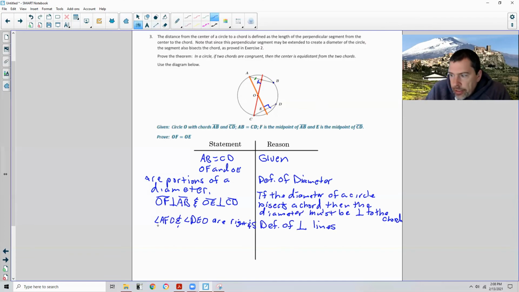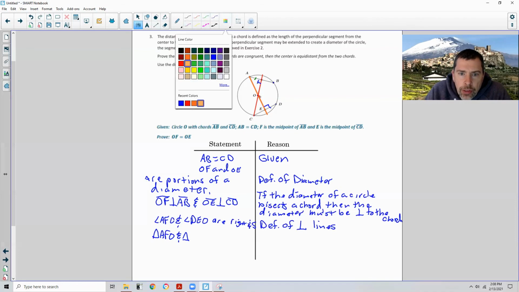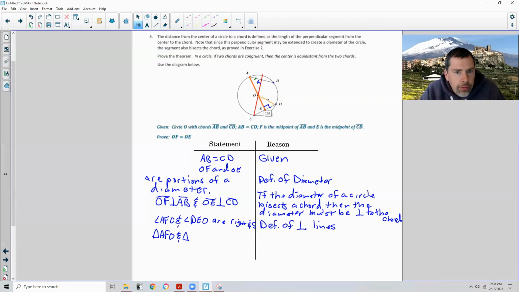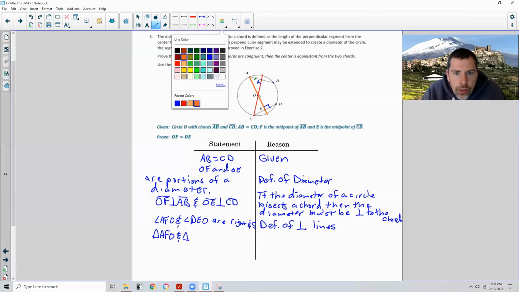So now I can say triangle AFO and triangle CEO. I could also draw a segment here. It doesn't really matter, but now let me use orange.